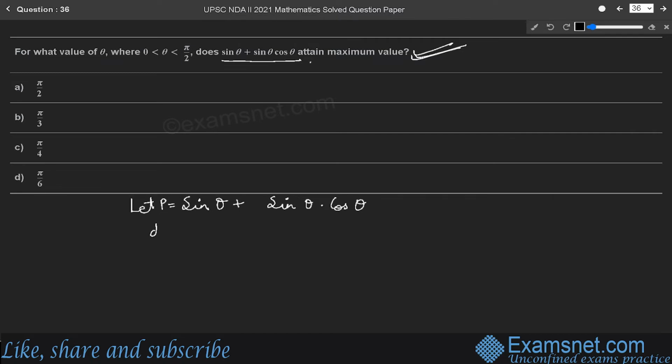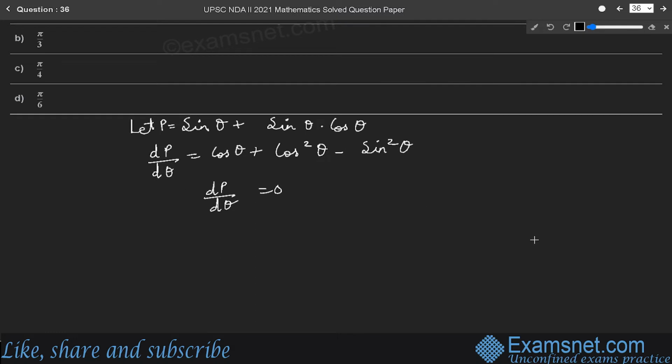Therefore, dP upon d theta, differentiating it with respect to theta, we will get cos theta plus cos square theta minus sin square theta. Now for the maxima and minima, we know that dP upon d theta should be equal to 0. It means that cos theta plus cos square theta minus sin square theta should be equals to 0.